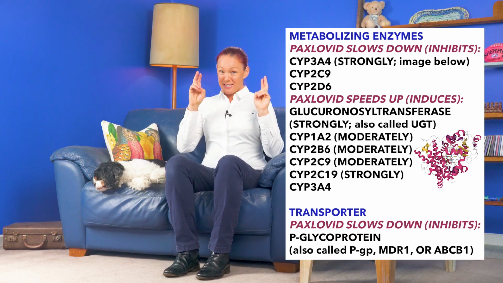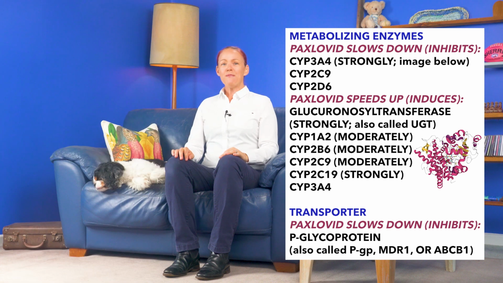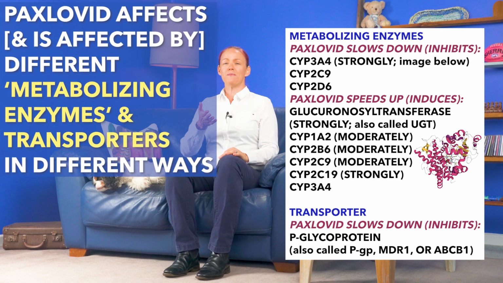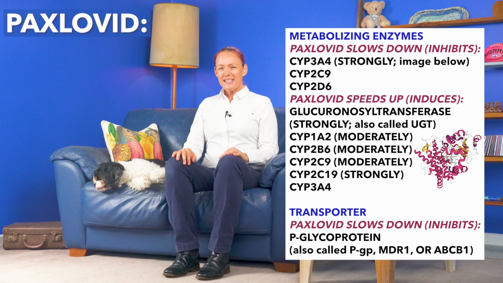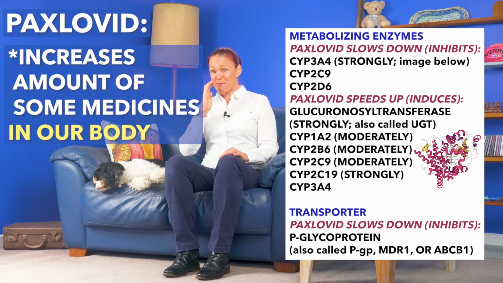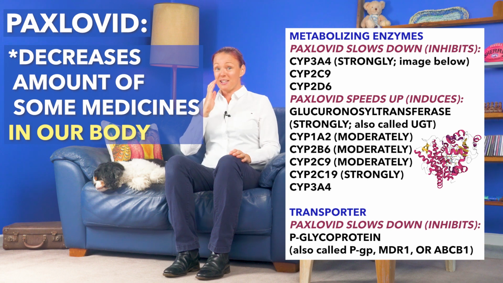And each of these metabolizing enzymes helps our body to get rid of certain medicines. And Paxlovid affects and is also affected by certain enzymes in different ways, which means Paxlovid increases the amount of some medicines in our body by slowing down the enzyme that usually gets rid of that medicine, whereas Paxlovid decreases the amount of some other medicines in our body by speeding up the enzyme that usually gets rid of that medicine.